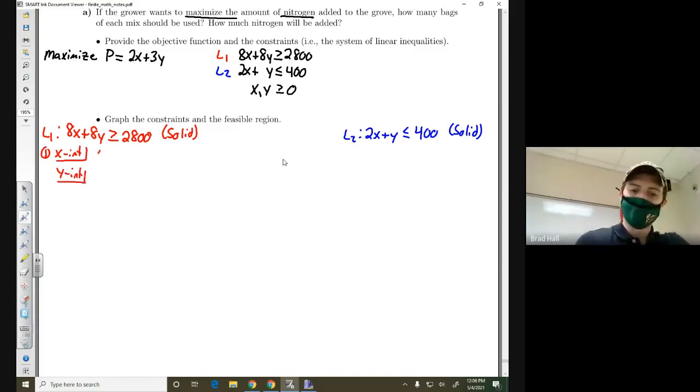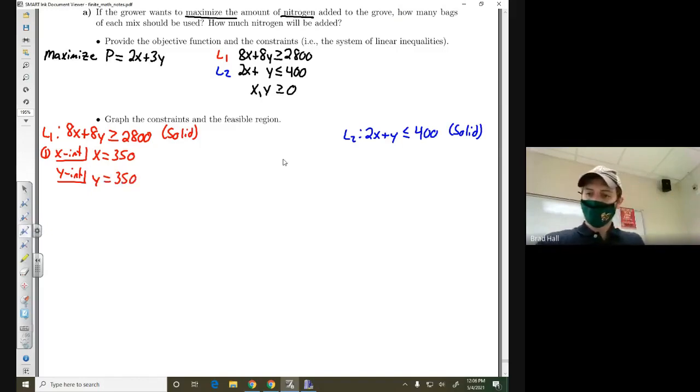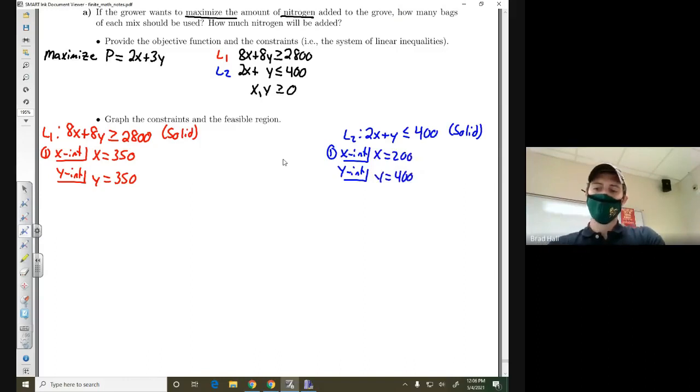Seems like in both examples, we get 350. 2800 divided by 8, I believe that is in fact 350. The second line, it seems like we get x is 200, y is 400.